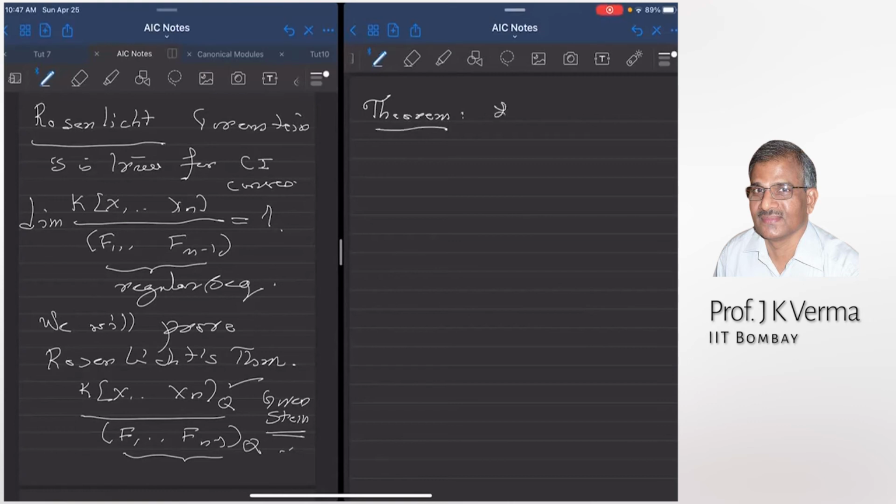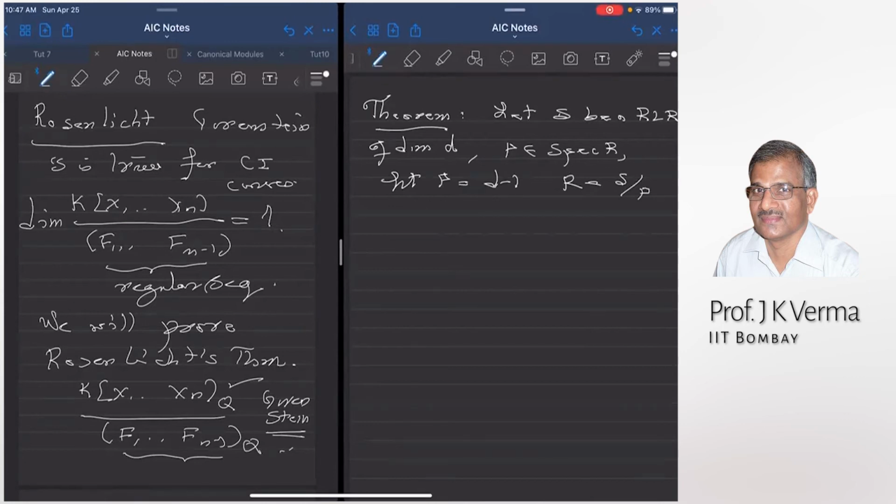So let S be a regular local ring of dimension D, and P a prime ideal, and the height of P is D minus 1. And R is equal to S mod P. So local rings on these curves in affine n-space, they are of this type.